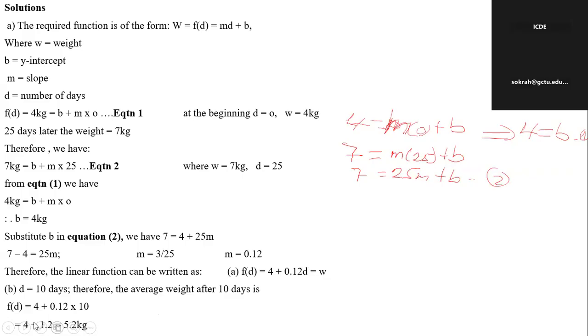So that gives you 4 plus 0.12 times 10, which is 4 plus 1.2, and that gives you 5.2 kilograms. So after 10 days of that feeding, the weight of the hen becomes 5.2 kilograms. This is how this question can be solved.